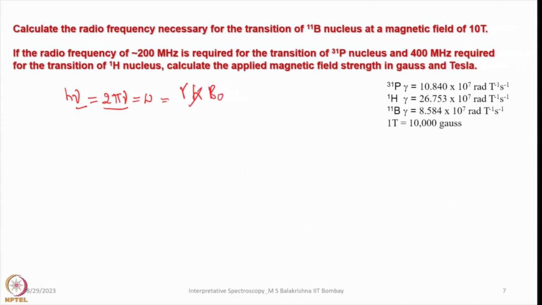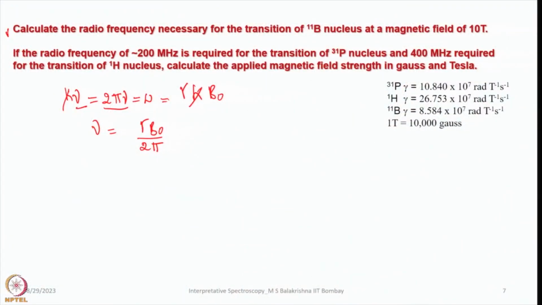Now h will cancel, so what we are left with is nu equals gamma B naught over 2 pi. This is the equation we are going to use in NMR extensively. Let us try to understand the utility of this equation in calculating the precession frequency or Larmor frequency for different nuclei placed in magnetic fields of different strengths.